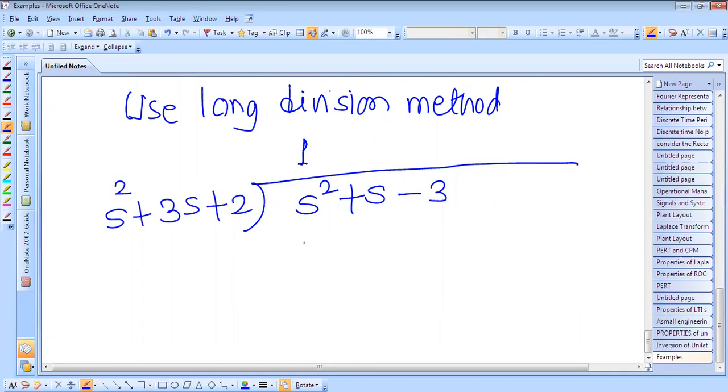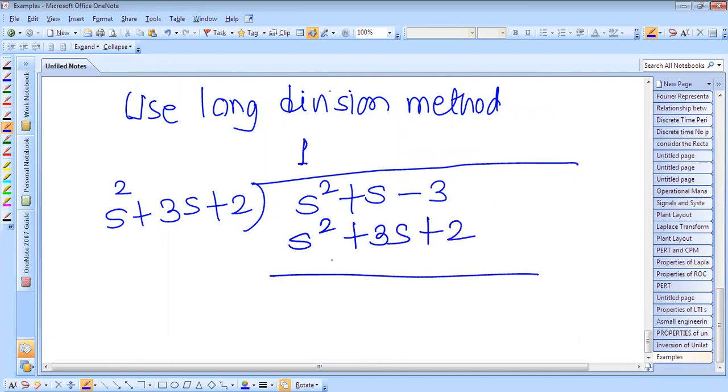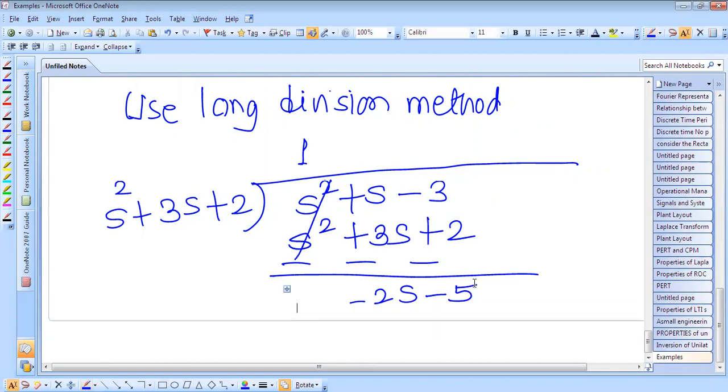So 1 into s square plus 1 into 3s plus 1 into 2. Subtract these two equations. The s square will cancel. What will remain here is minus 2s, and minus 5 will be there.